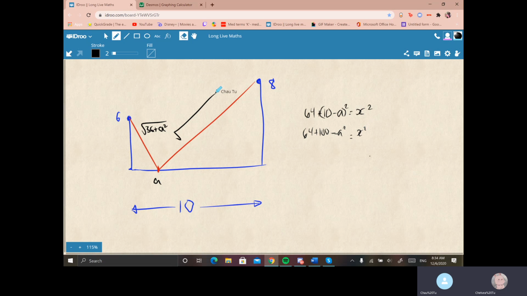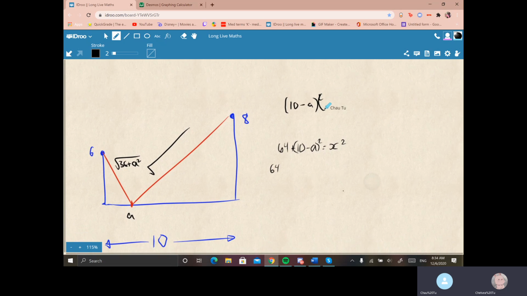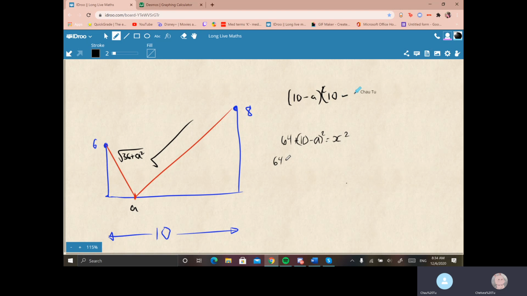What did you do? Hang on. How do you square this, Chelsea? Multiply this out for me. It's not 100 take away A squared, by the way, Chelsea. Because you've got to do it like this. It would be 10 times 10, 10 times negative A, and then negative A times 10, and then negative A times negative A.